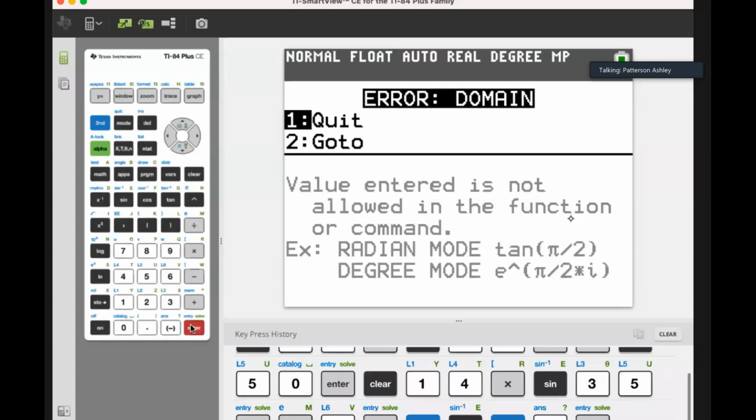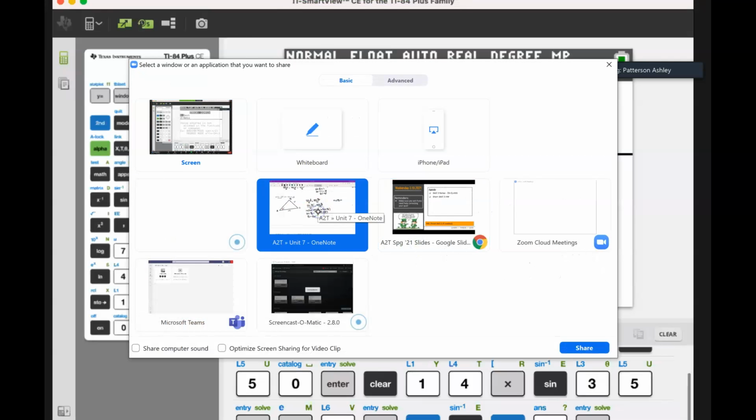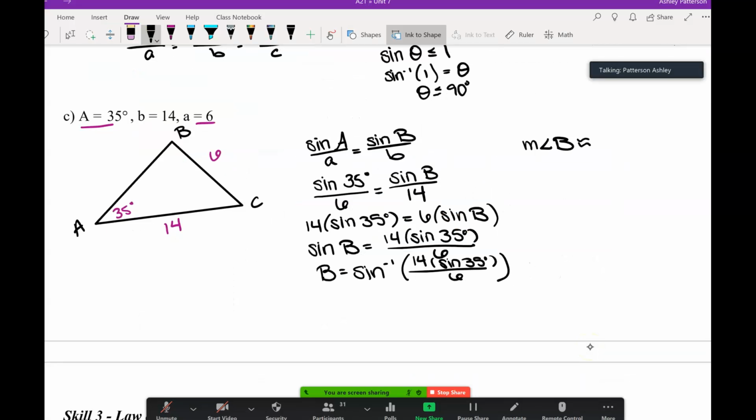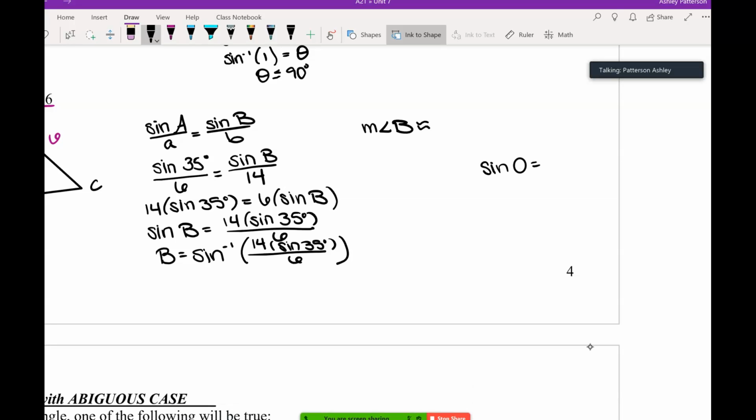Think about what sine represents as a ratio, yeah? Sine of any angle is opposite over hypotenuse, right? Regardless of what right triangle, we know that's a true statement. Well, isn't the hypotenuse always the longest side of a triangle?